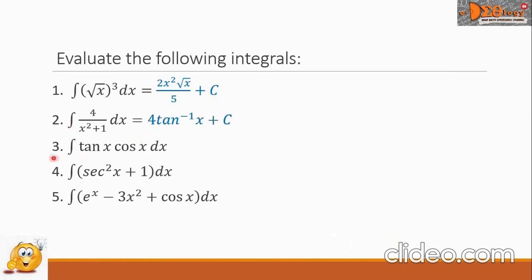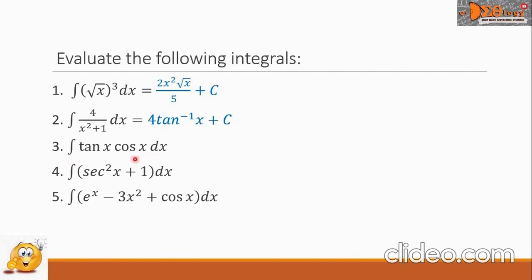Let's go now to problem number 3. The integral of tangent x times cosine x dx. We don't have the direct formula for the integral of tangent x cosine x dx.